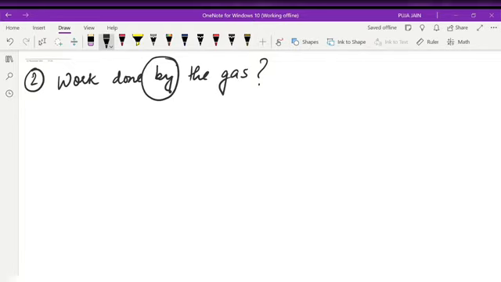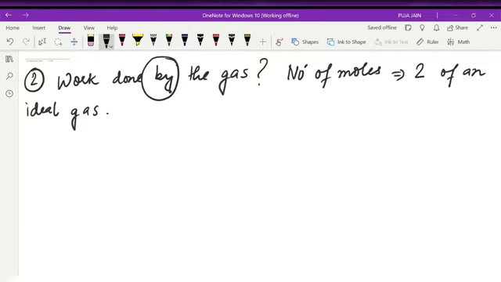They have said that the number of moles is 2, basically 2 moles of an ideal gas.